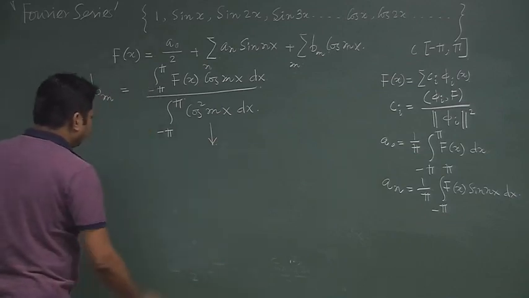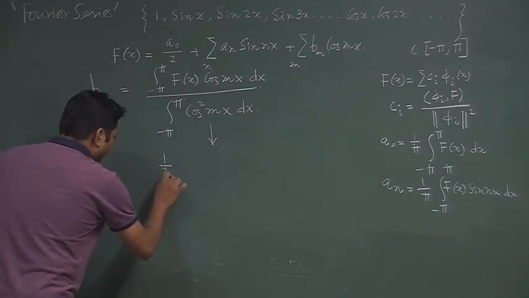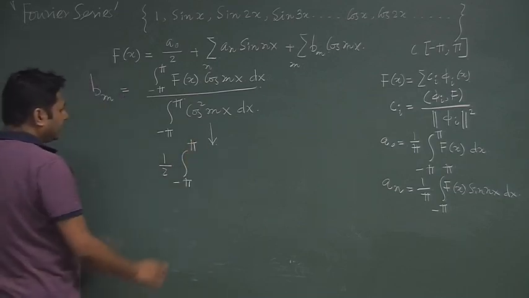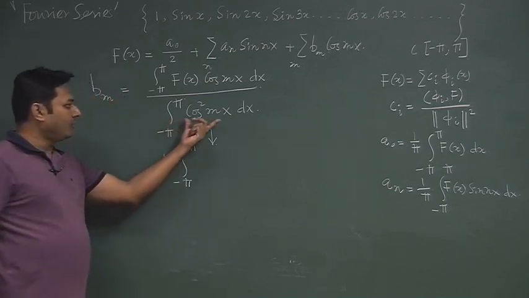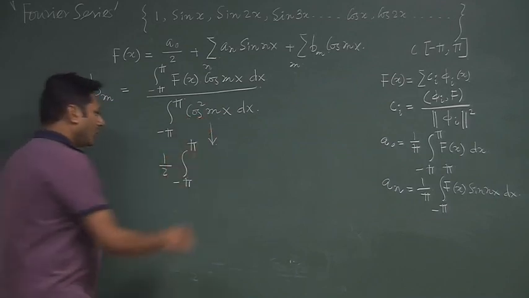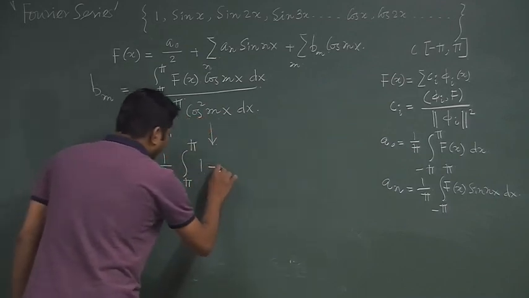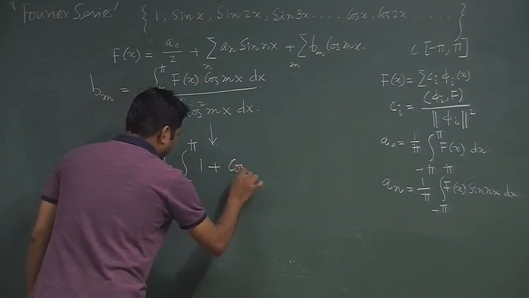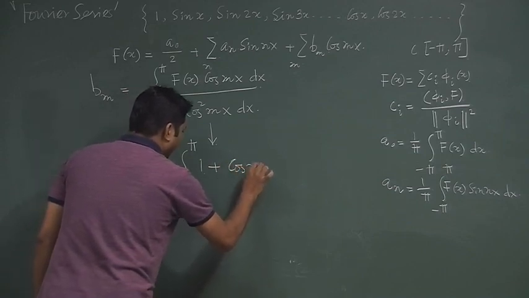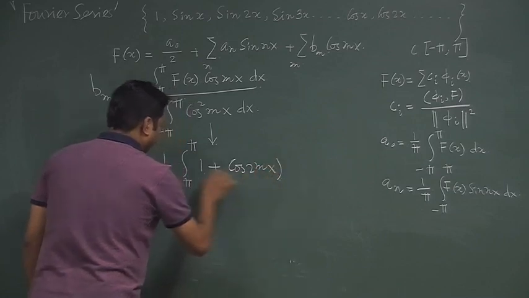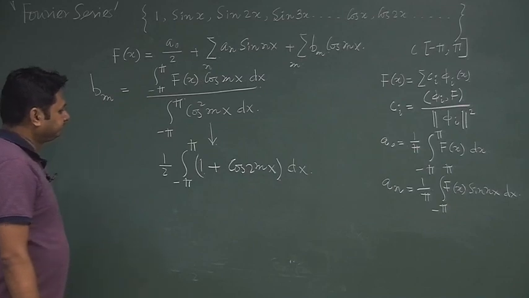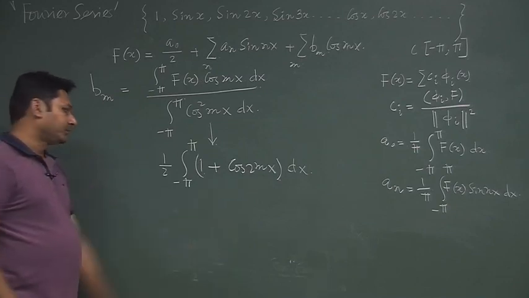Exactly in the similar way, if I make a half from minus pi to pi, this half gives me 2 cos square, which is 1 plus cos 2mx dx.